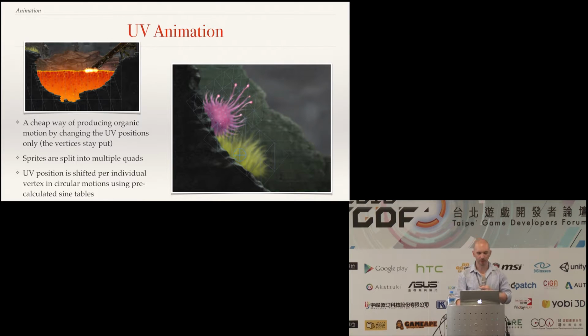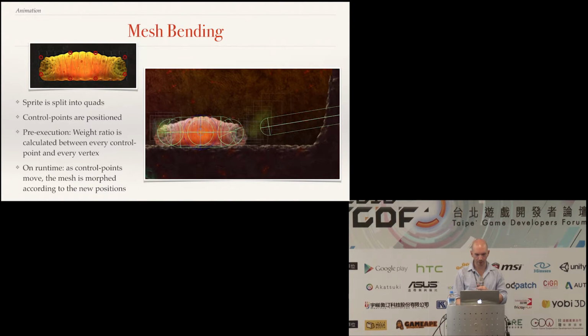We just have to split those sprites finally, and then the position can be shifted using, for example, what I did here: I pre-calculated sine waves, and each one of the vertices moves on a different cycle of the sine wave.